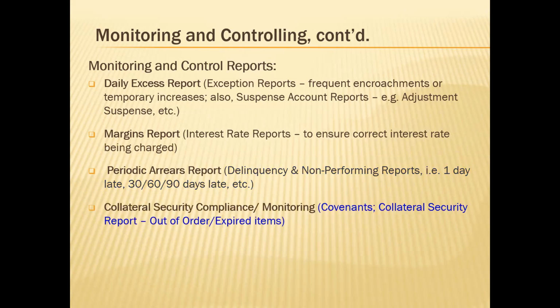Then you have your collateral security compliance or monitoring reports. This is where you check on your covenants, your collateral security, any items that might be out of order. So let's start with the mortgage document. Do we have the stamped and recorded mortgage document? We don't. Do we at least have the receipt from the registry saying that it was lodged for recording?